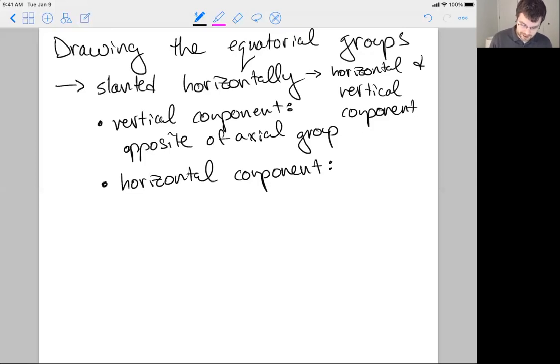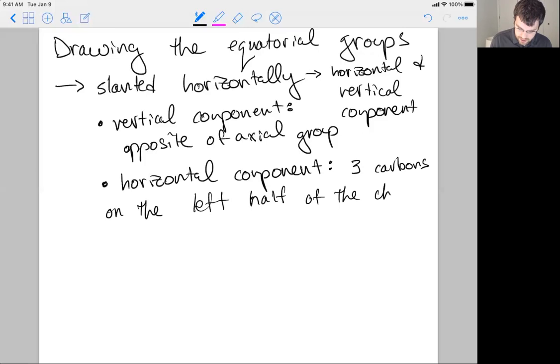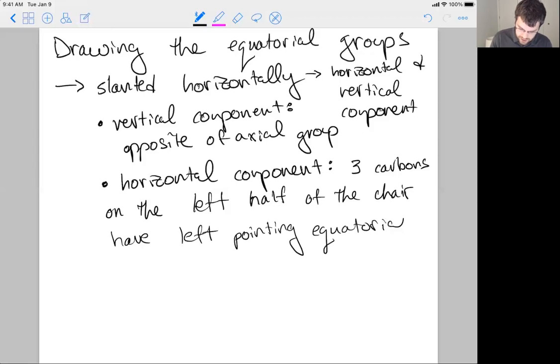The three carbons on the left half of the chair have left pointing equatorial groups. And vice versa, but let's break it down.